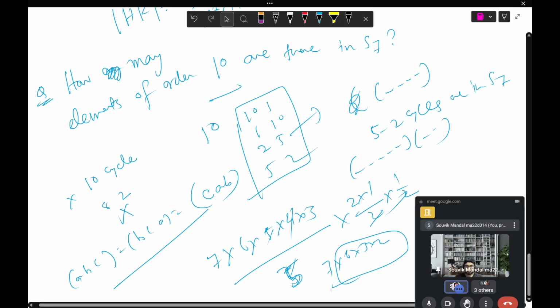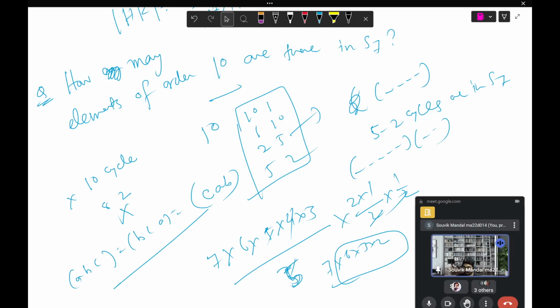So next, what possible choice can we have? We can have only disjoint cycles, correct? So we can get disjoint cycles such that the total number of elements becomes 7, as a sum of disjoint cycles.